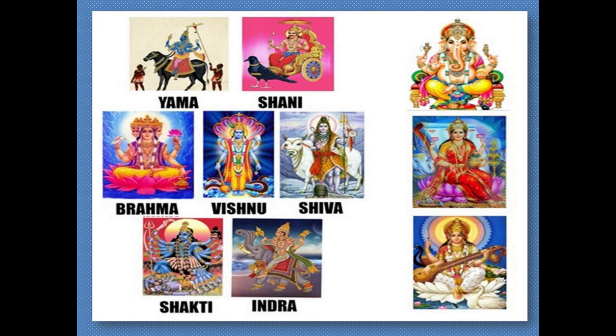Apart from that, different other gods came into existence, such as Yama, Shani, Brahma, Vishnu, Shiva or Maheshwara, Shakti goddess, Indra, Ganesha, Subramanya, Lakshmi, Saraswati, Kali, Durga, etc. In this way, different gods came into existence.